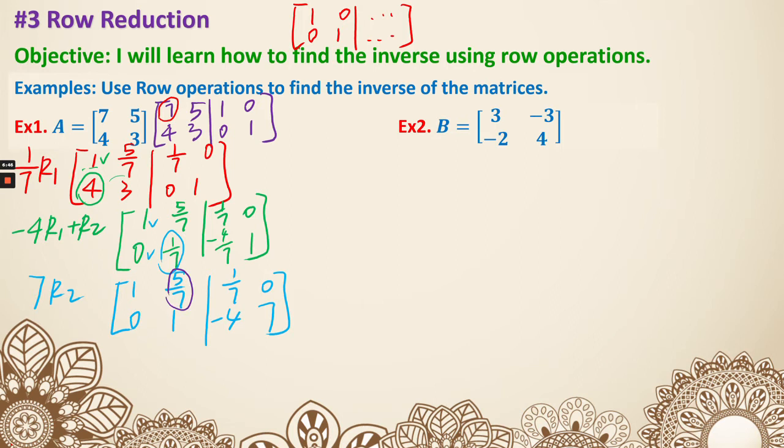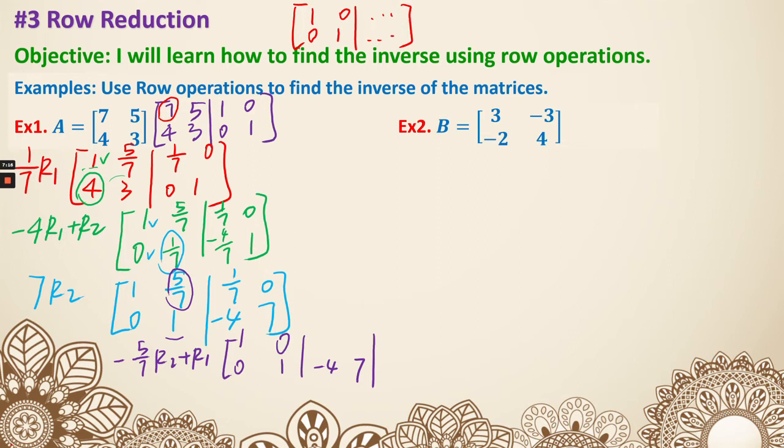And again, whenever you want to change it into a 0, if you still haven't noticed, the other number would always be a 1. That means we can always multiply by the opposite number of the one we're trying to change. So I'm going to multiply the second row by -5/7, row 2 plus row 1. That means my row 2 is not changing, but my row 1, first position is got to be a 1. Second position, we're trying to get a 0, so it's got to be a 0.